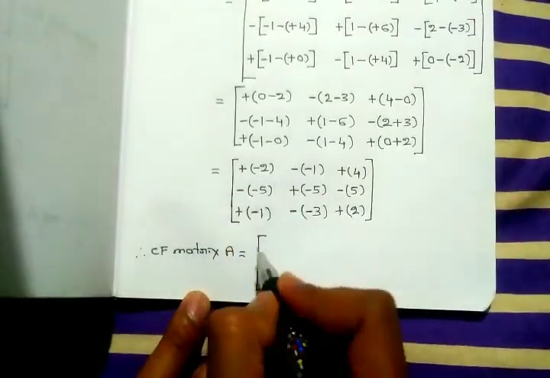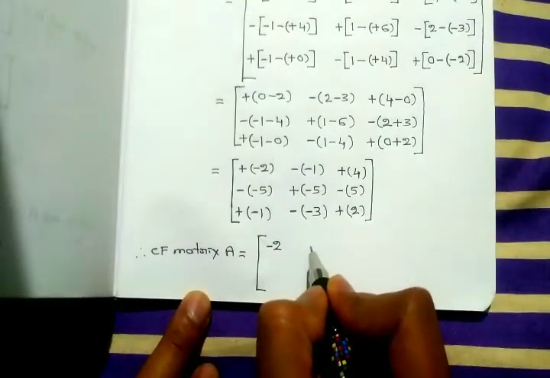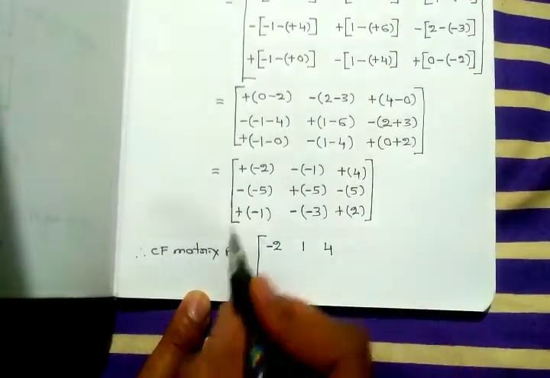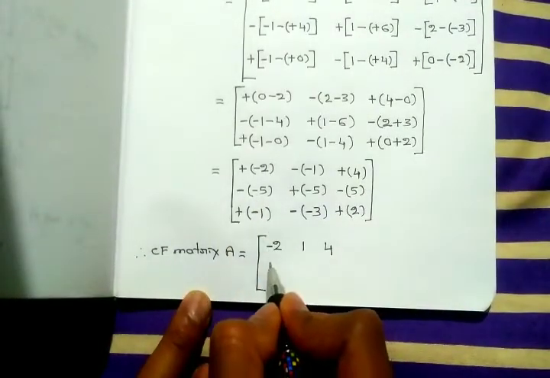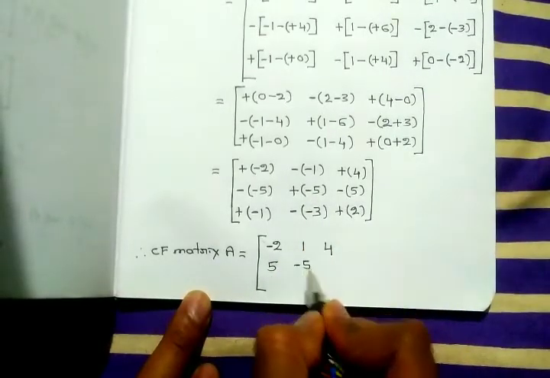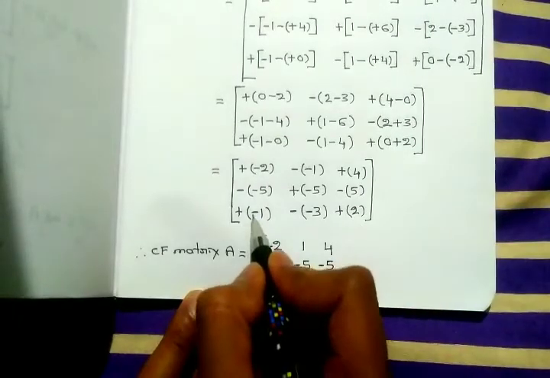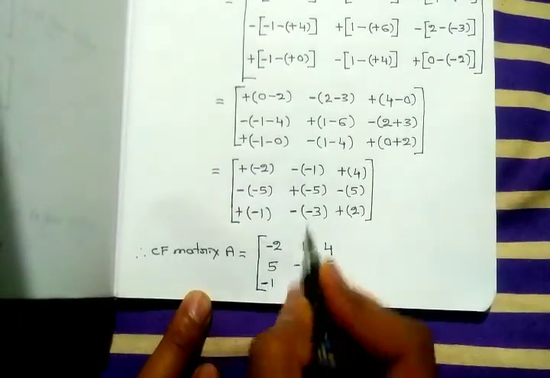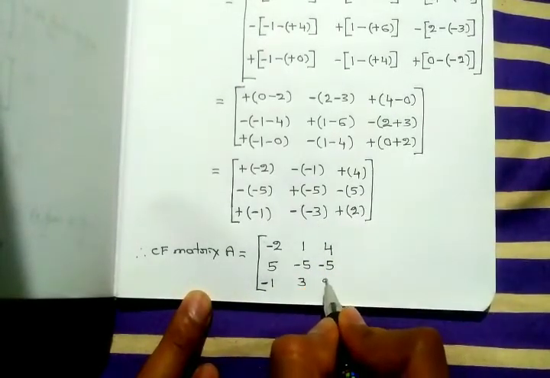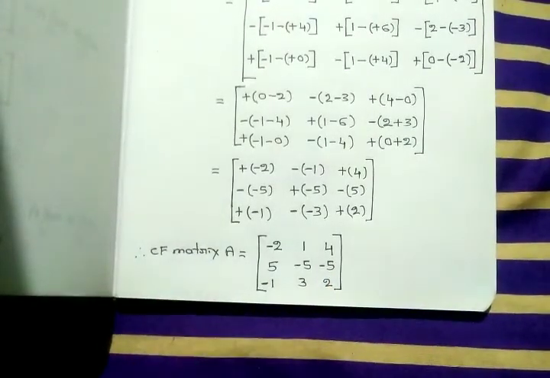So plus into minus is minus 2, minus into minus is plus 1, plus into plus is plus 4, minus into minus is plus 5, plus into minus is minus 5, minus into plus is minus 5, plus into minus is minus 1, minus into minus is plus 3, and plus into plus is what? Plus 2. So this is the cofactor matrix.